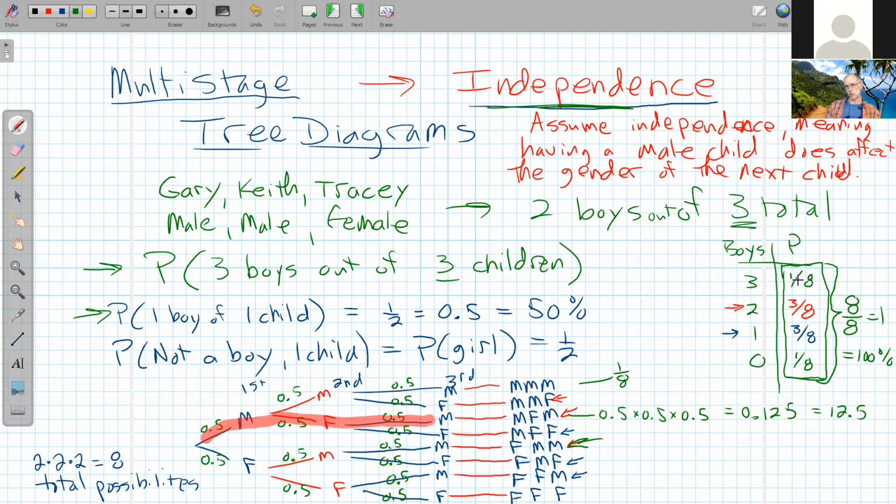And then we get this distribution in terms of counting boys that isn't equally likely for each case, right? There's a 12.5% chance of having 3 boys. And then what would 3/8 be? 37.5, is that right? Around a 37.5% chance of having exactly 2 out of 3 children be boys.